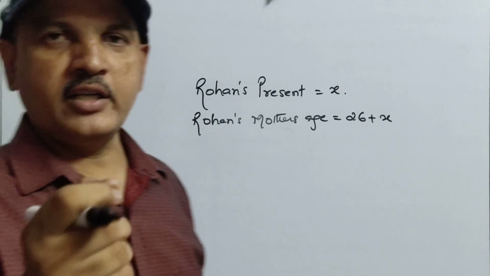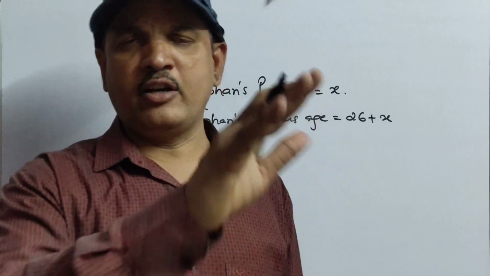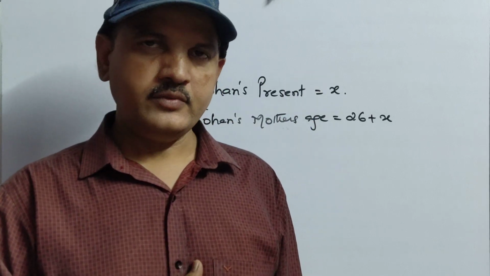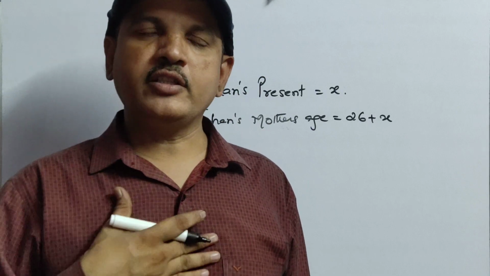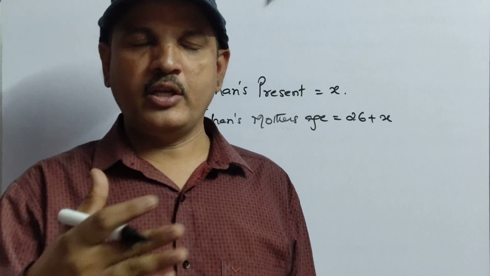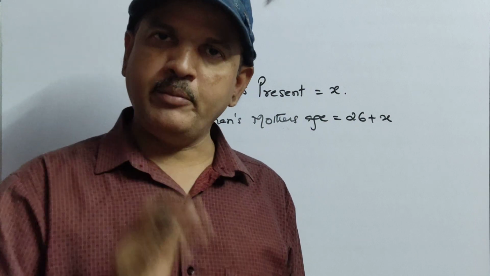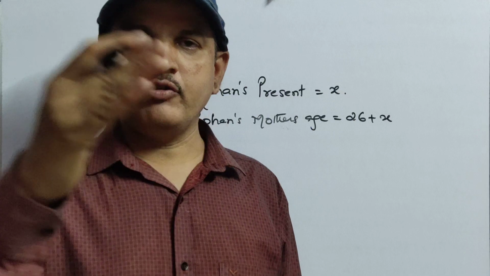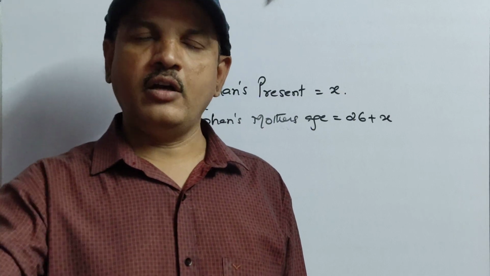What I am telling is, suppose my age is 40, your age is around 16 or 15. After 3 years, my age will become, suppose at present 42, after 3 years 45. Your age will remain the same? No. Your age also will automatically increase 3 years. Present you are 16, then you will go up to 19.